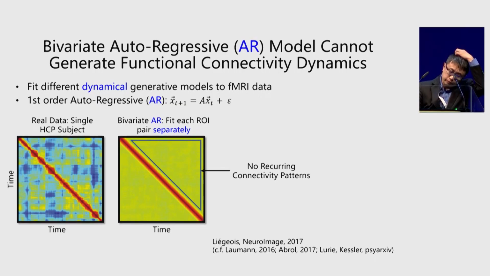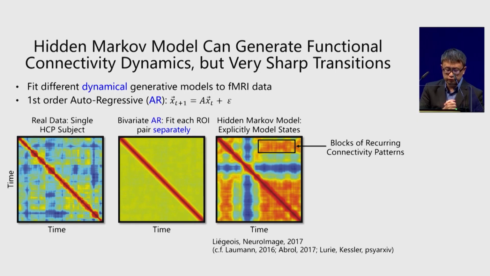On the other hand, if you fit a hidden Markov model, you get these blocks of recurring connectivity patterns. This has been interpreted as some evidence for discrete brain states. Although one thing we should note is that with the hidden Markov model, we tend to get very sharp transitions not seen in real data.